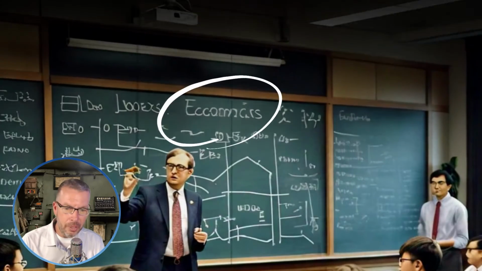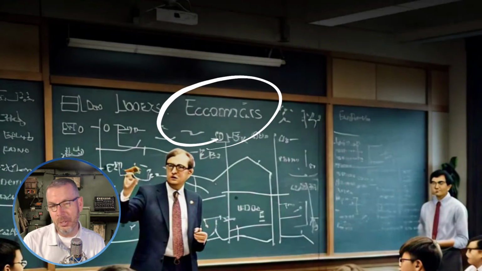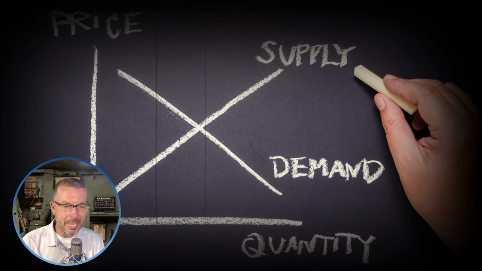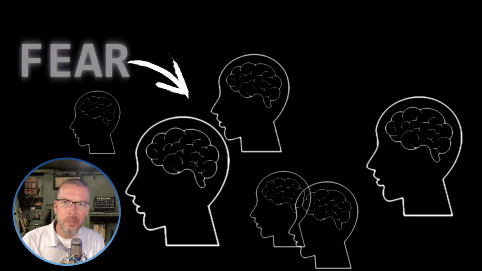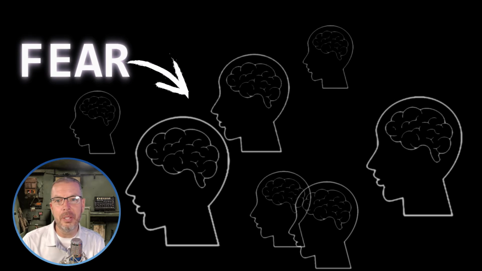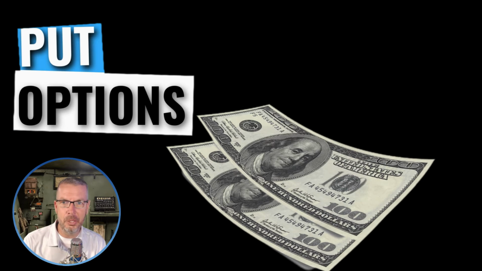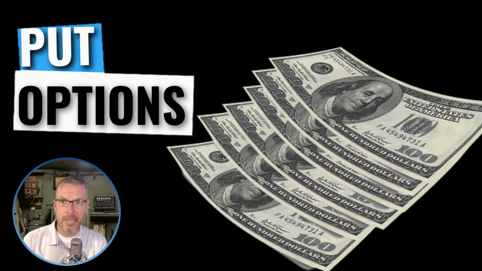And as we learned in economics class in high school, if you guys paid attention, right? Anytime there's a demand on something, well, what happens to prices? They go up. And as more fear of a pullback creeps into the minds of traders, the more put options or insurance policies are being bought up by options traders or stock traders buying options.